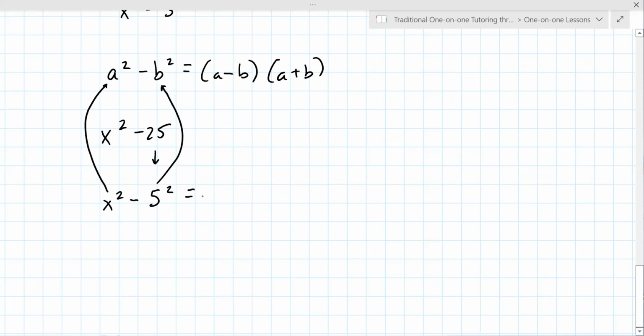So you can use this formula: (x minus 5)(x plus 5). Hold on. The problem is going to be given as x squared minus 25, but you've got to say, oh, it's really 5 squared. I'm just writing this all down.